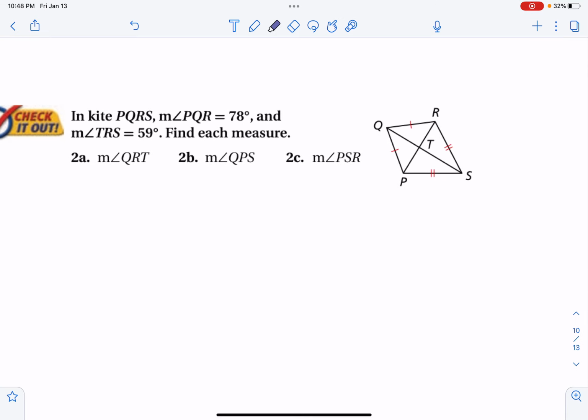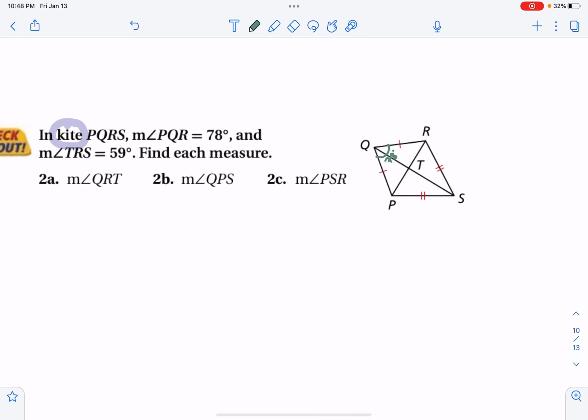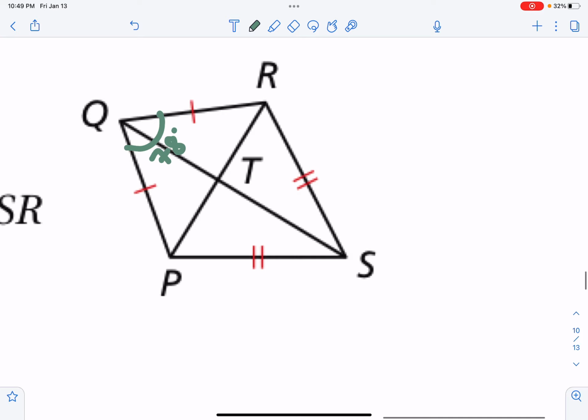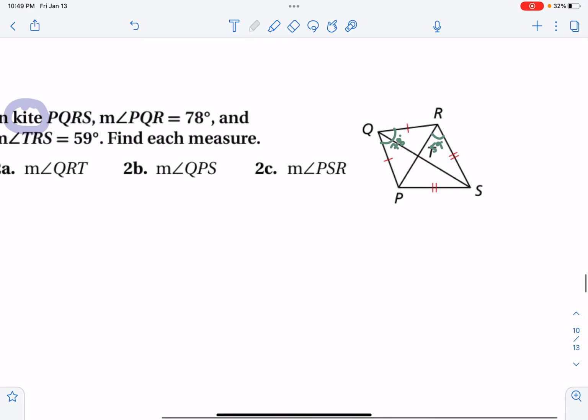So it says in kite, so they tell us it's a kite, PQRS, the measure of angle PQR is 78 degrees. And TRS is 59. So they want to know the measure of QRT, so I'll do that in pink.